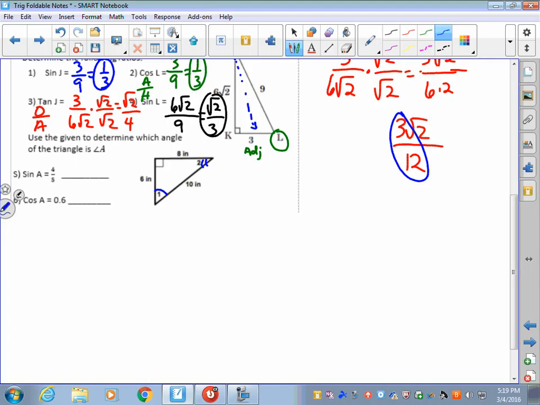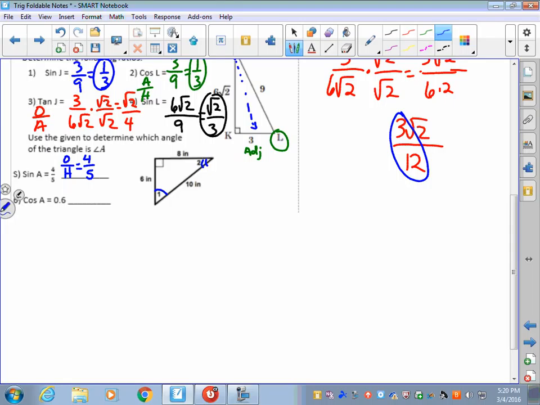Since the sine of A equals 4/5, that means the ratio is 4/5, and sine is opposite over hypotenuse. So the opposite side is 4, the hypotenuse is 5. Well, we don't have a 5 as our hypotenuse, but we're trying to think of what ratio would be the same as 4/5. Using our side measurements here, we have 6, 8, 10.